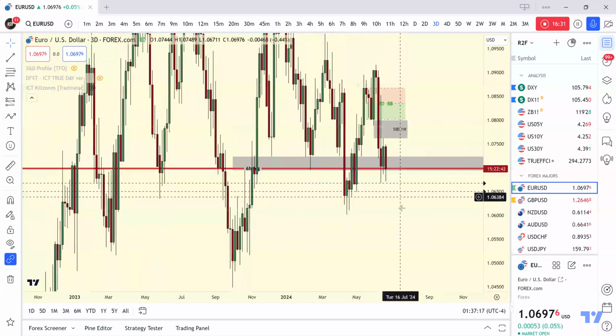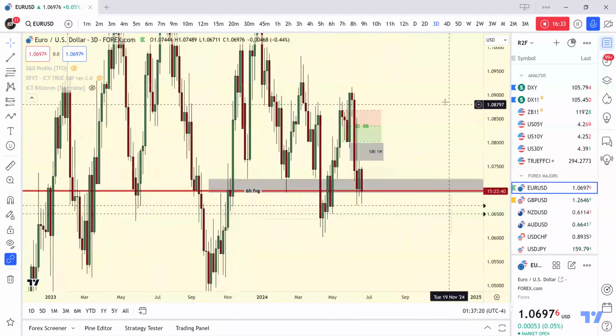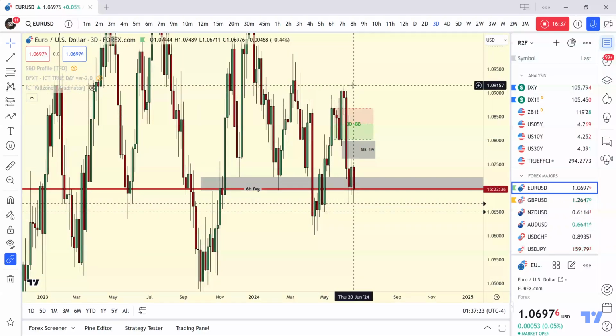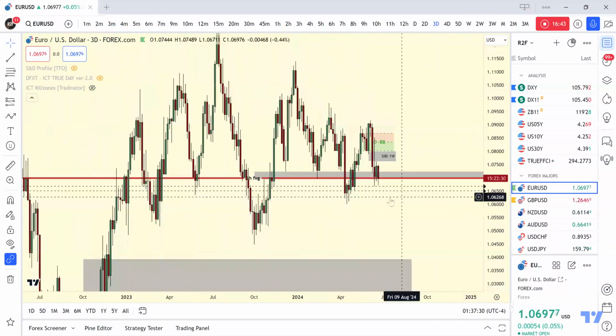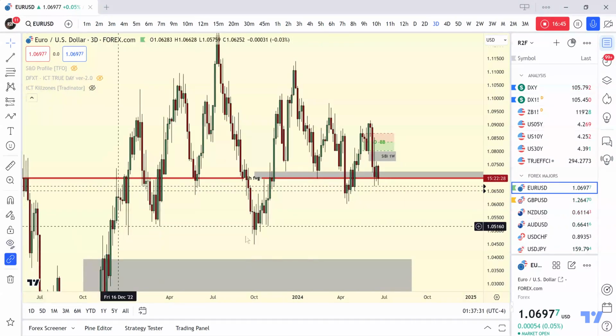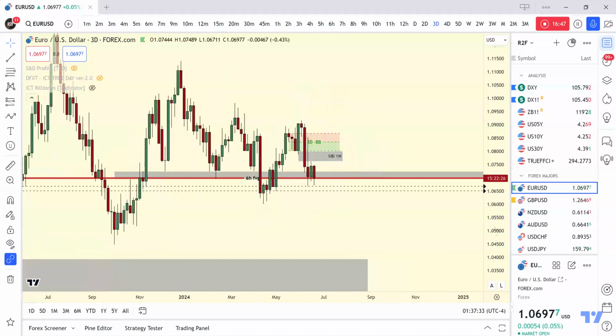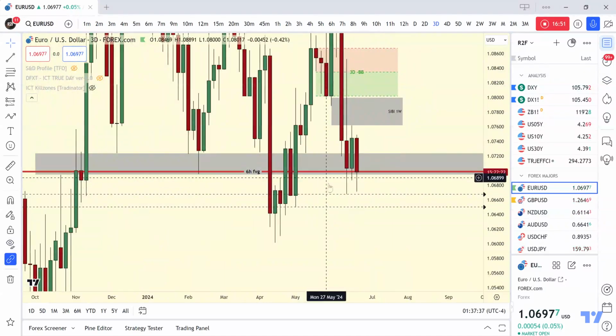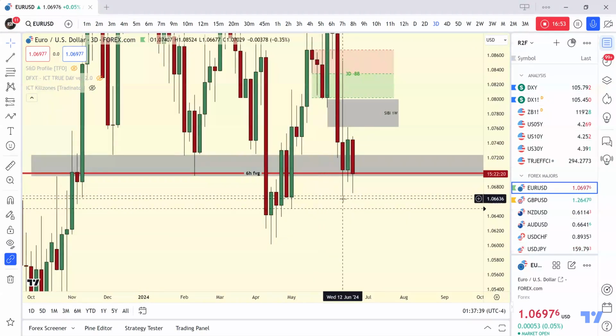Okay, let's see where price wants to go. Price took liquidity, came down, took liquidity again, did not close above these highs, and then big expansion down, which is leading me to think that we are going to go for lower prices. That's my bearish argument, which is good for my dollar analysis.